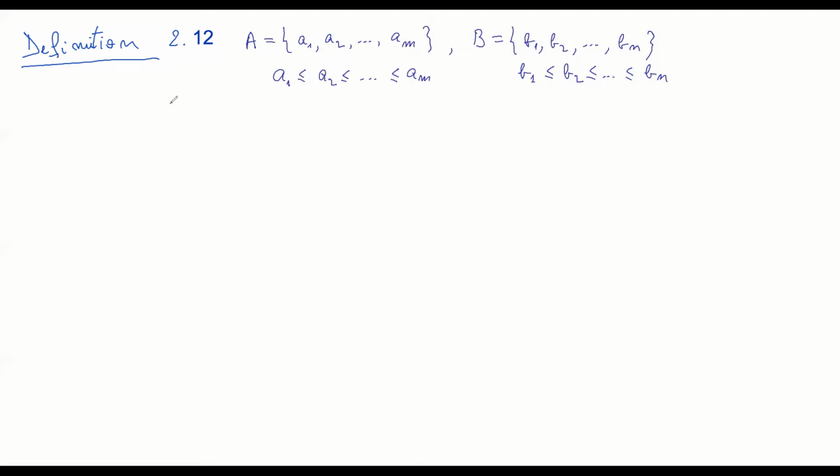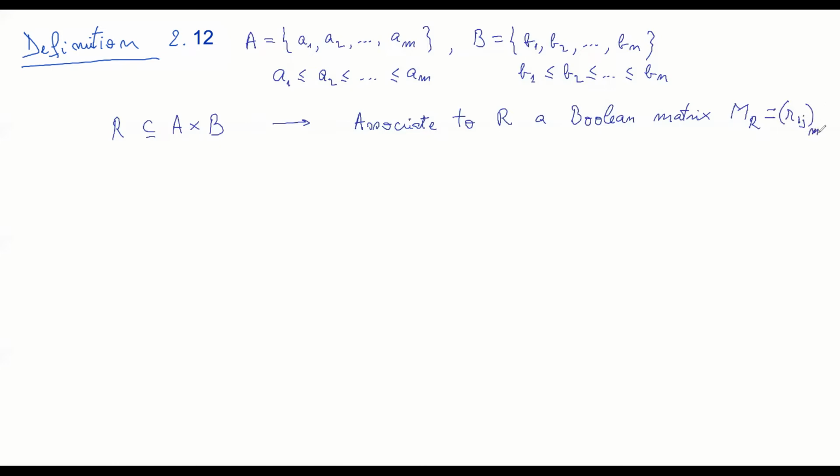And now, if I have a relation R on A and B, in other words, R is a subset of A times B, then I'm going to associate to R a Boolean matrix, which is going to characterize R. I'm going to denote this Boolean matrix by MR, with entries Rij, and it's going to be of type m times n.